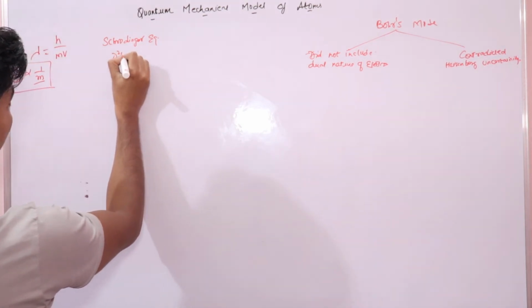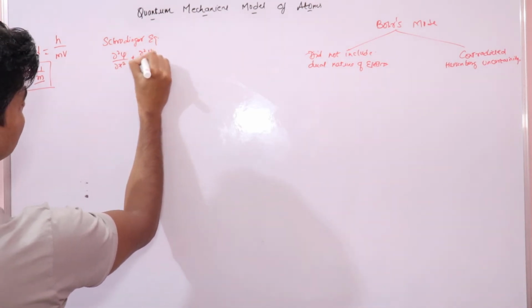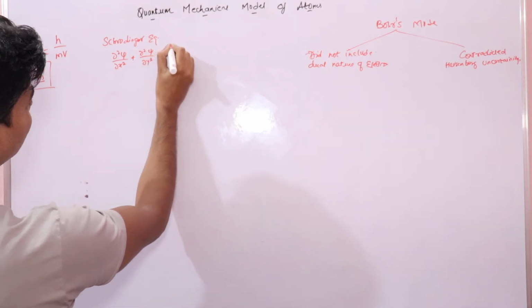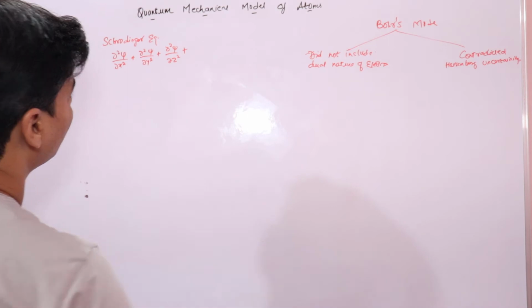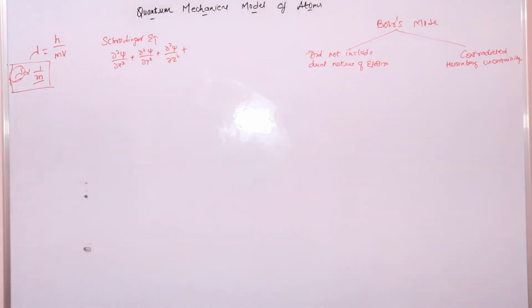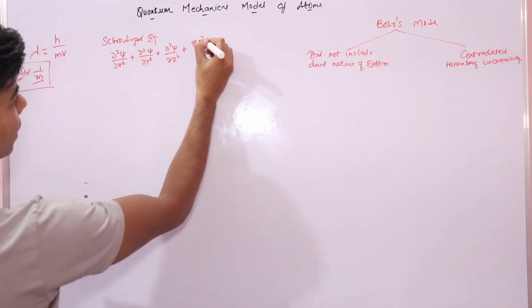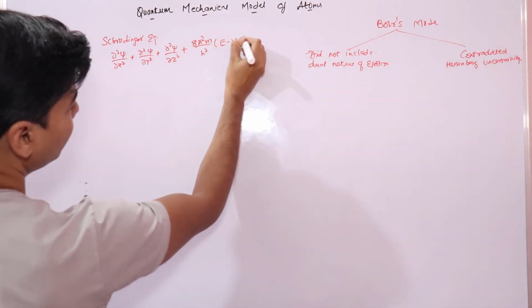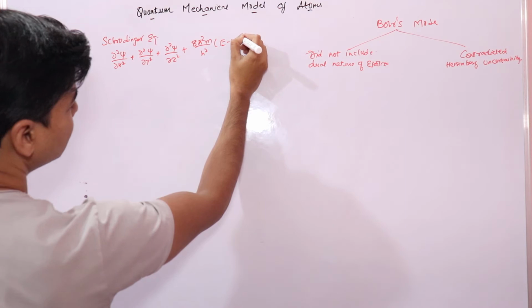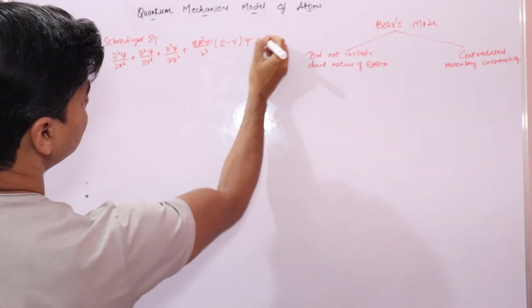The equation is del square psi upon del x square, plus del square psi upon del y square, plus del square psi upon del z square, plus 8 pi square m upon h square, into E minus V, psi equals 0, where E is your energy and V is your potential energy, right?